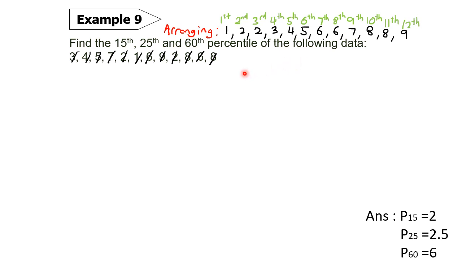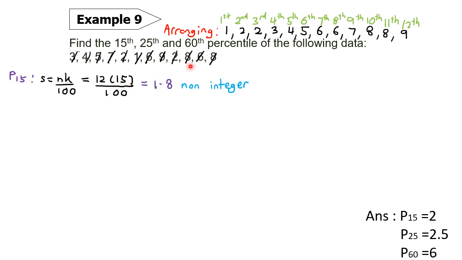Okay, and then we can proceed with the 15th percentile first. So remember we use the formula nk over 100. N is 12, k is 15, so substitute 12 and 15. We find the value of S would be 1.8.